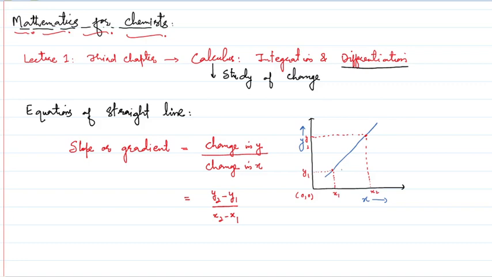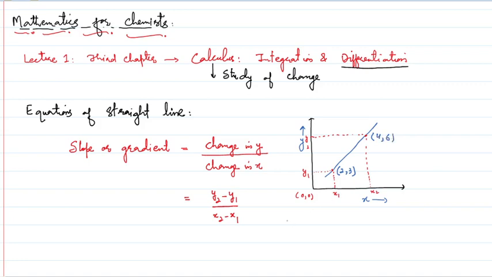The coordinates of this point, that means the x axis value and y axis value, suppose it is 2 comma 3. The first digit will give you the x value, the second the y value. Similarly, suppose here the coordinates are 4 comma 6.